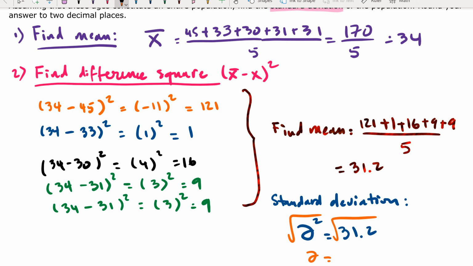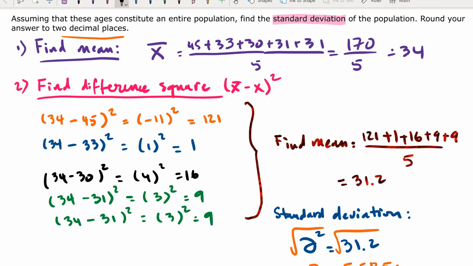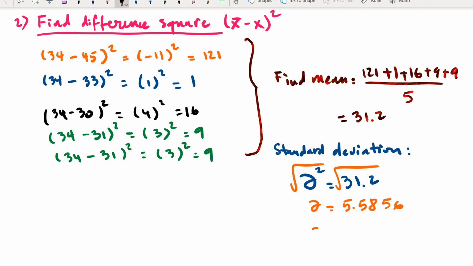So the standard deviation is the square root of 31.2, which is 5.5856. We round it to 2 decimal places. So the standard deviation equals 5.59 as the answer. That's it.